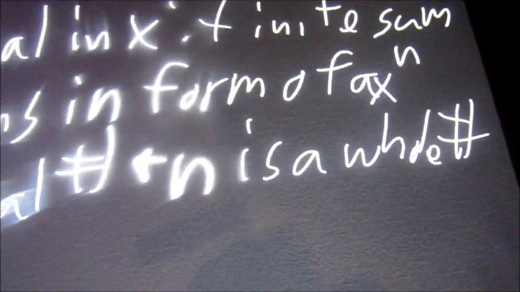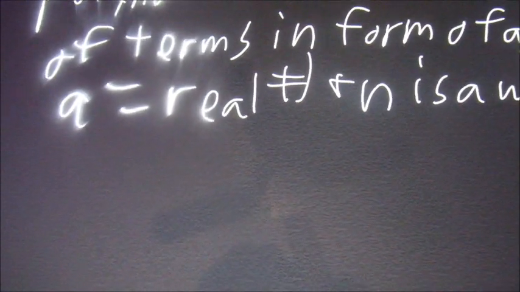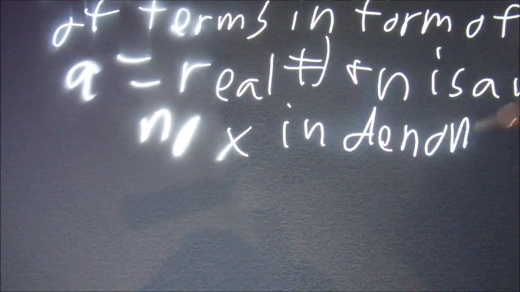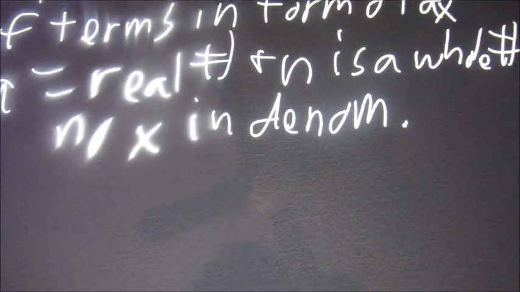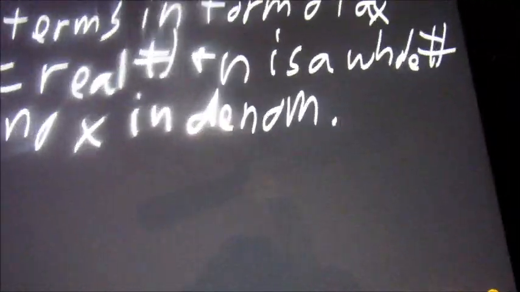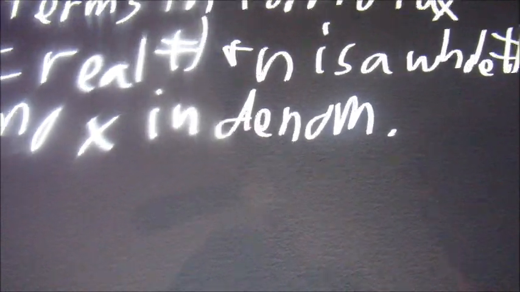So whatever the exponent, it has to be a whole number: 0, 1, 2, 3, 4, 5, 6. And there are to be no x in the denominator. So if you have any x's in the denominator, or whatever variable they're using, then it's not going to be a polynomial. Also, this n has to be a positive number or 0. So 0, 1, 2, 3, 4, 5, 6, 7.